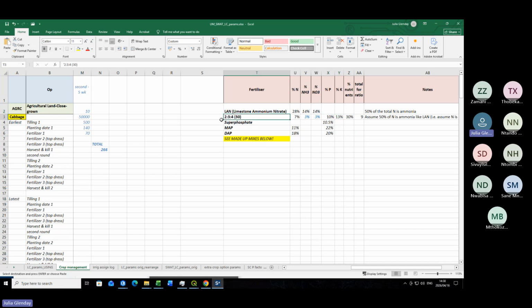Or you can have something like 234 as a fertilizer type, which has this many percent. The 234 refers to other ratios than the total nitrogen, I think. It's a different way of working out the ratios than what SWAT does.